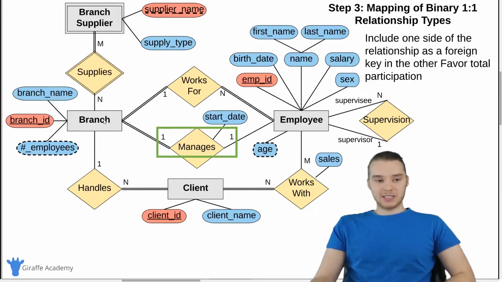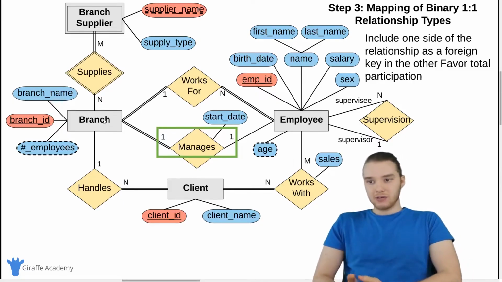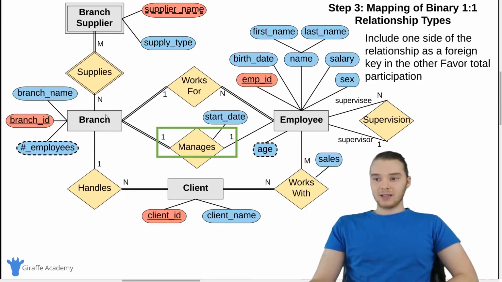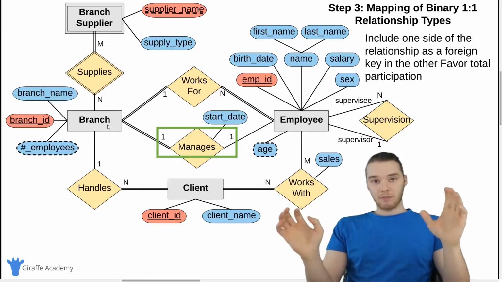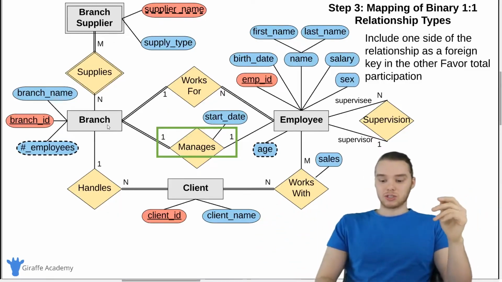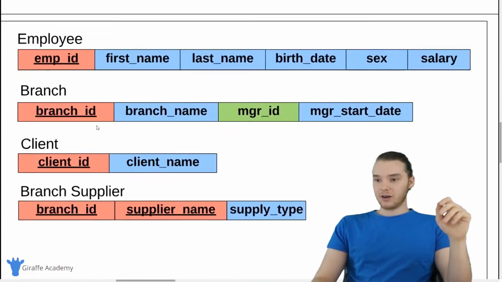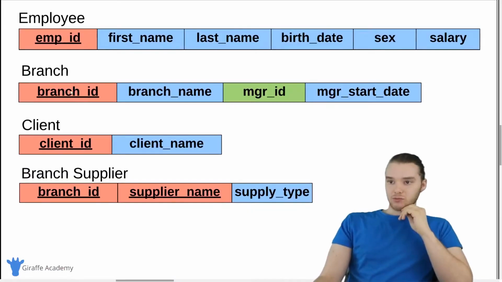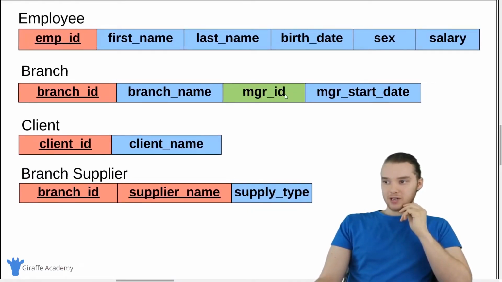If a particular entity has total participation in the relationship, then you want to add the foreign key onto that entity. In this case, branch has total participation, so we're going to add the employee's ID as a foreign key in the branch relation. If both of them are partial participation or both are total participation, then you can just use your own discretion. But in this case, it's pretty clear that we're going to use branch. So over here on the branch relation, I added in a foreign key, which is just manager ID.